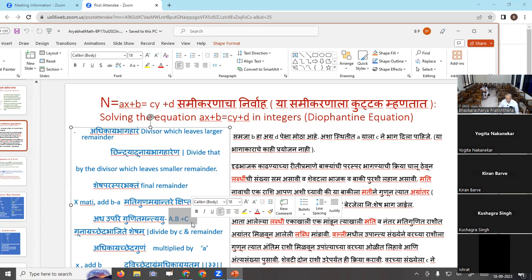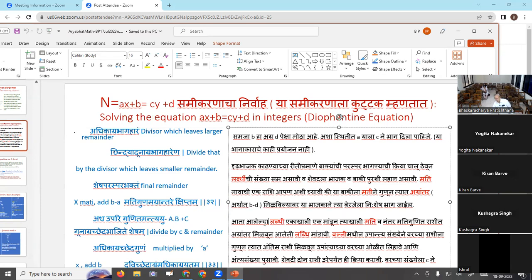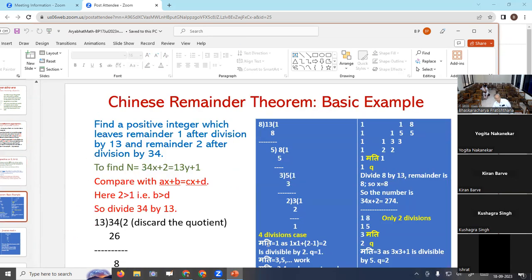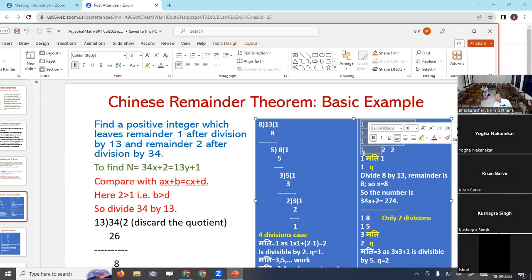So here what you should do is first write down the four quotients, 1, 1, 1, 1. After that you write Mati, and then you write Q, that is the quotient. So you get a sequence.